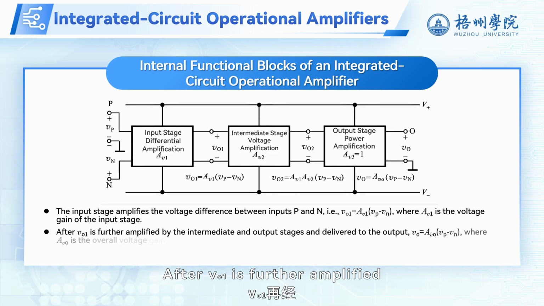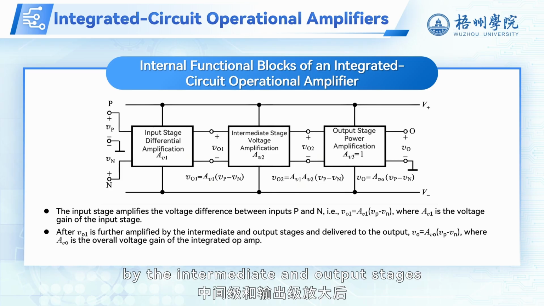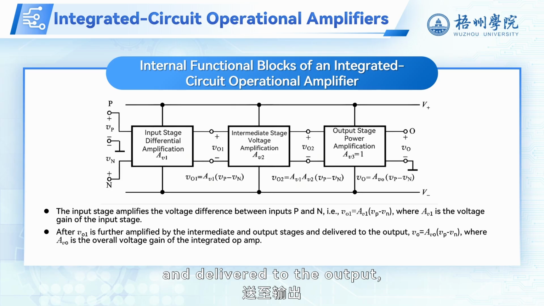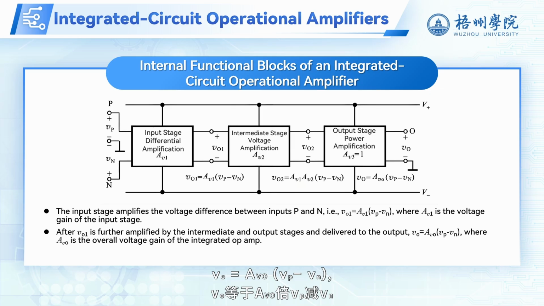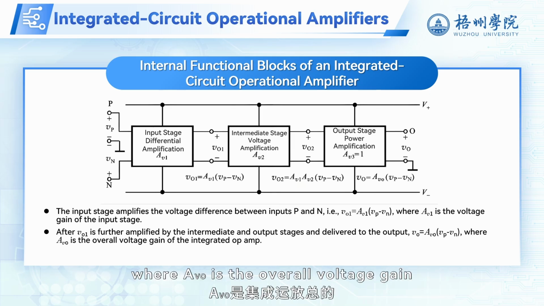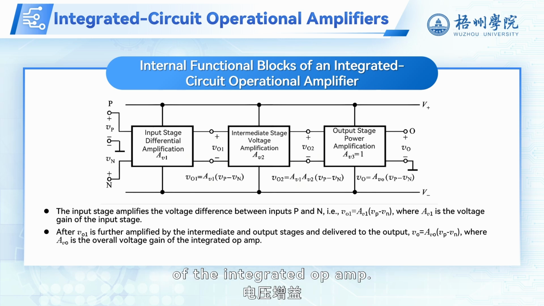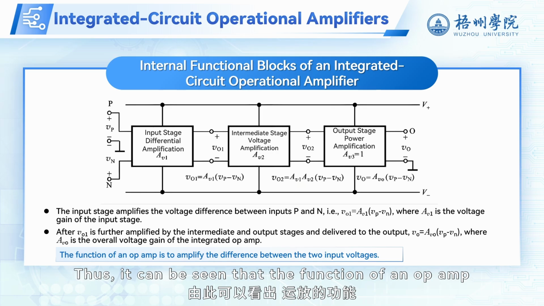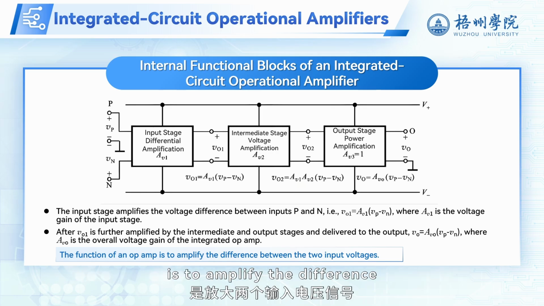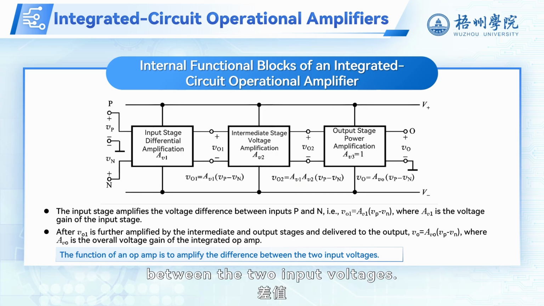After V_O1 is further amplified by the intermediate and output stages and delivered to the output, V_O equals A_VO times (V_P minus V_N), where A_VO is the overall voltage gain of the integrated op-amp. Thus, it can be seen that the function of an op-amp is to amplify the difference between the two input voltages.